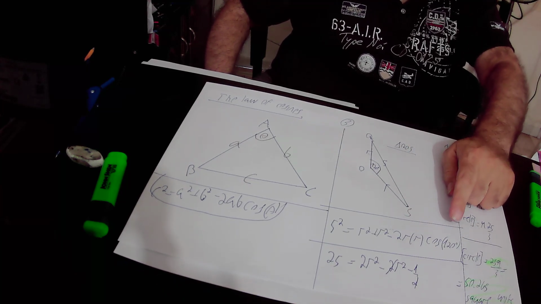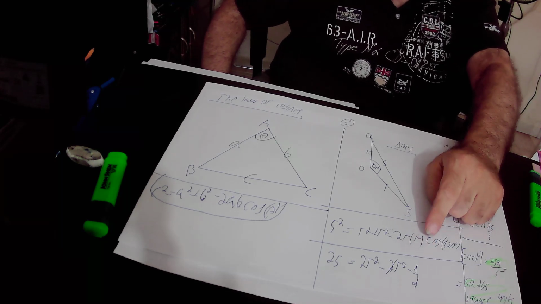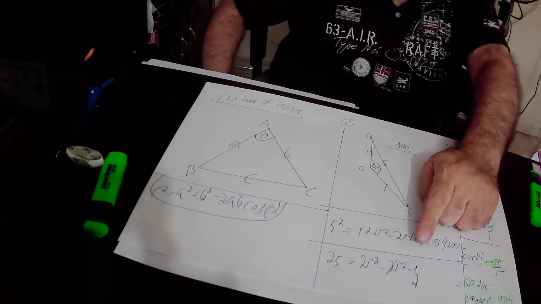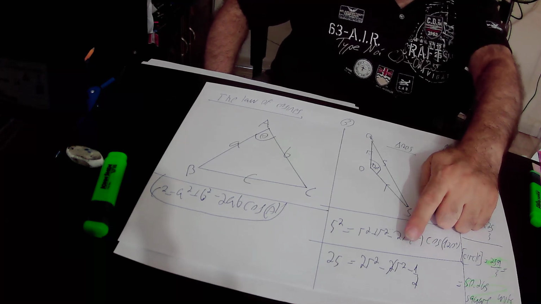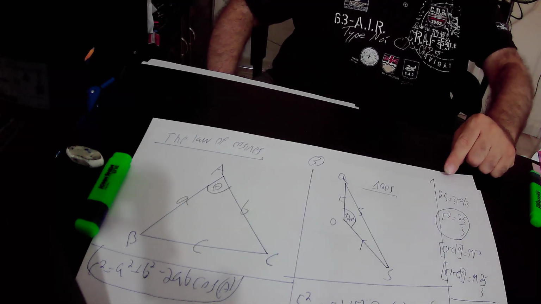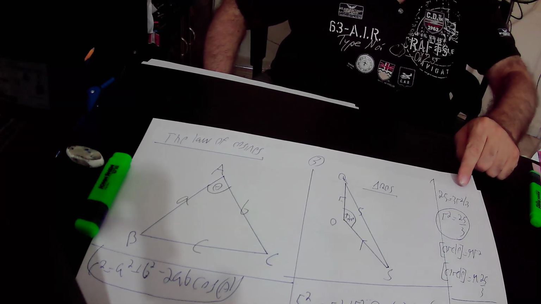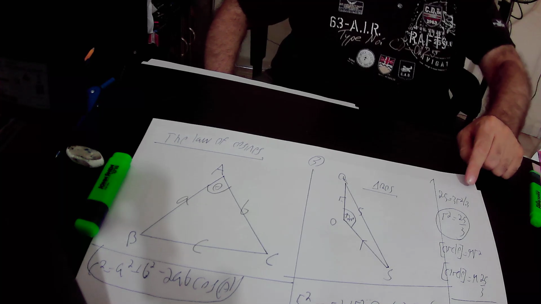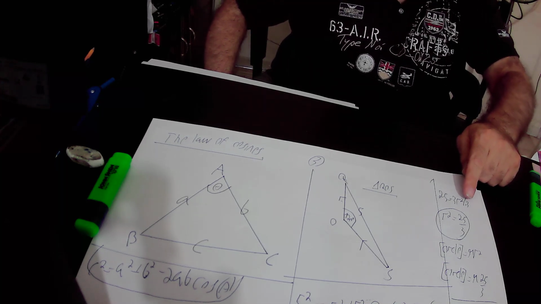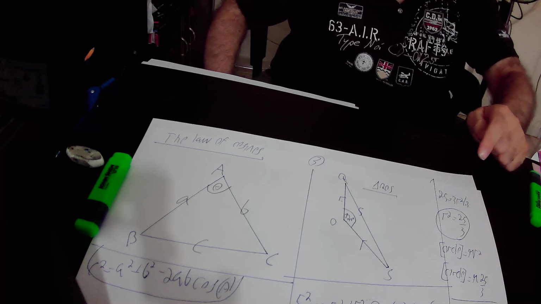Cosine 120 degrees is minus 1/2. So we have 2 in the numerator and 2 in the denominator, so the 2 gets cancelled. And minus times minus is plus. So in conclusion, we found that 25 equals 2R squared plus R squared, that is 3R squared. We divided this equation by 3, and we found that R squared equals 25 over 3.